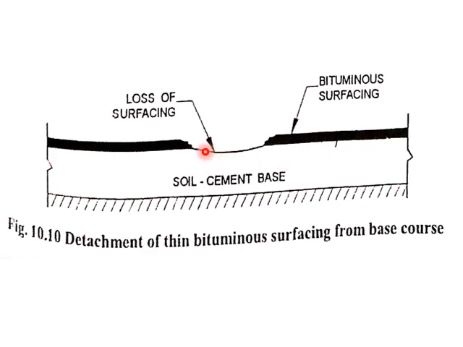Here you have to apply the tack coat. During the construction process, this area was not properly applied with tack coat or sprayed with bitumen. So there was no binding between the surface course in this area and the base course. Due to lack of binding, the surface course got detached or removed from the base course.